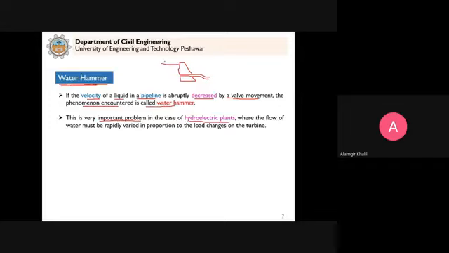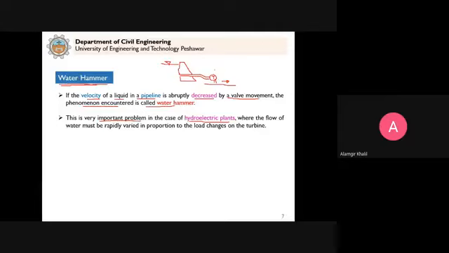We store the water in the dam, and here the water is supplied to, let's say, a turbine. So I write down here T, and then from the turbine the water goes downstream and continues to flow in the river. So this turbine is then connected to the generator and we are generating the electricity.